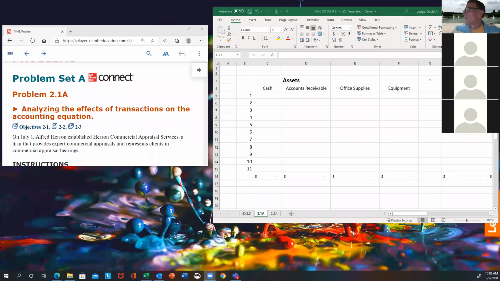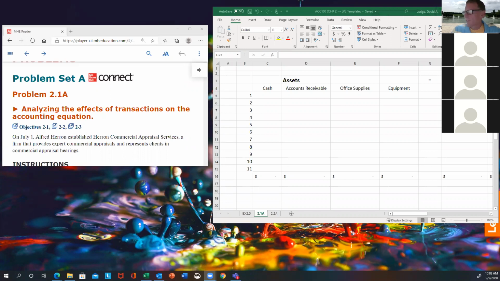Let me go ahead and share my screen. If there are any issues with you not being able to see it, let me know. Right now you should be able to see both. It should say problem 2.1a, and then you should see my Excel template. If you cannot see that, let me know right now so I can adjust it.